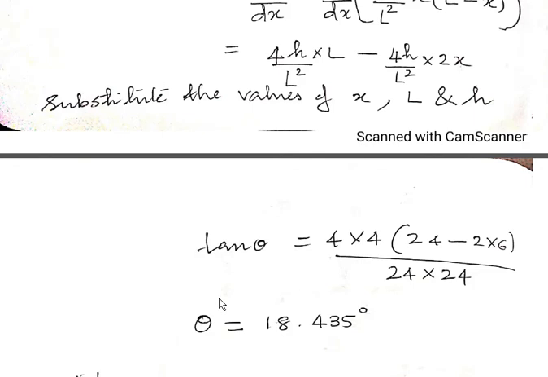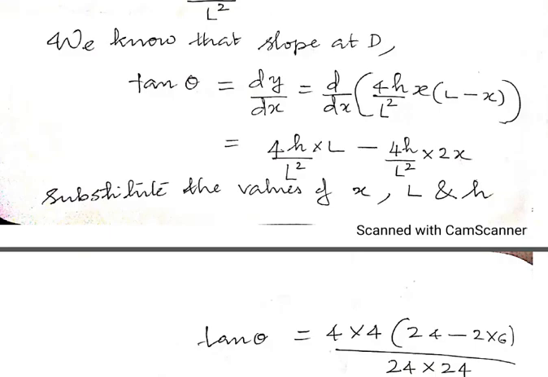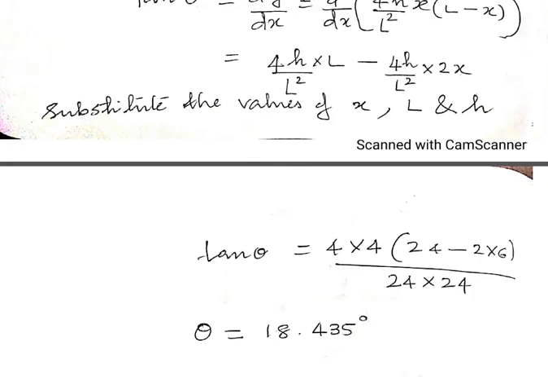So here theta is equal to 18.435 degree. Remember the calculation of theta: tan theta is equal to dy by dx. We know the equation for y, take the derivative of y with respect to x, substitute the values of x, L and h, and get the value of theta.